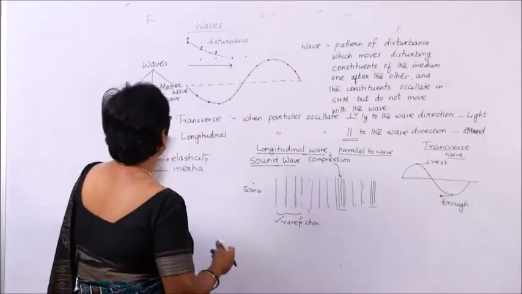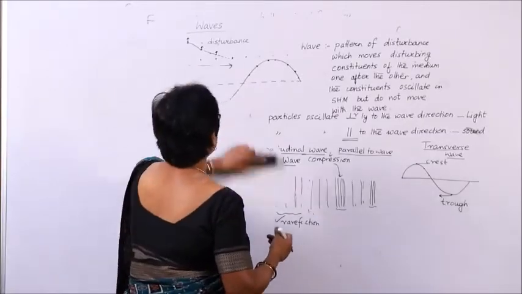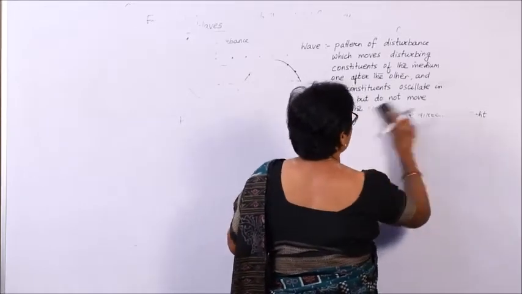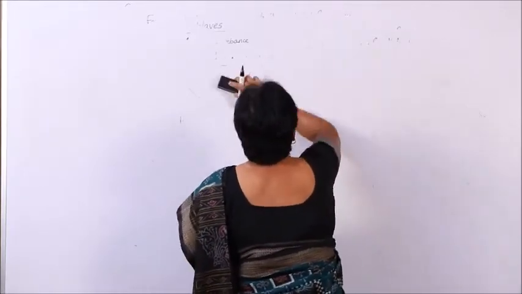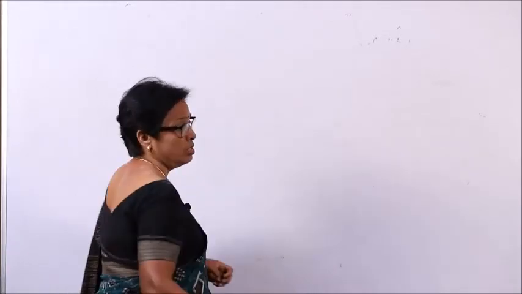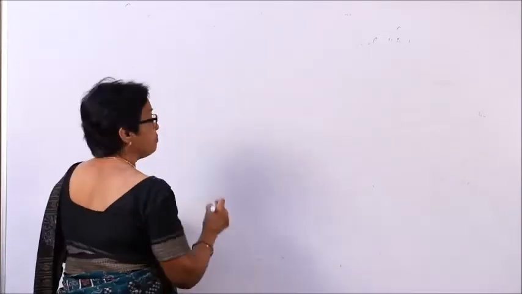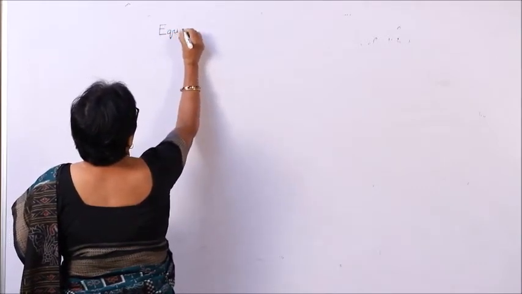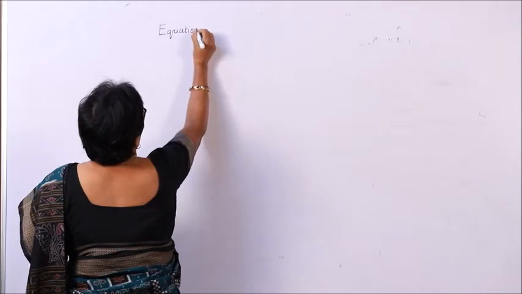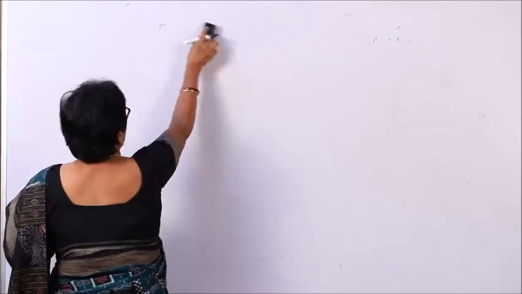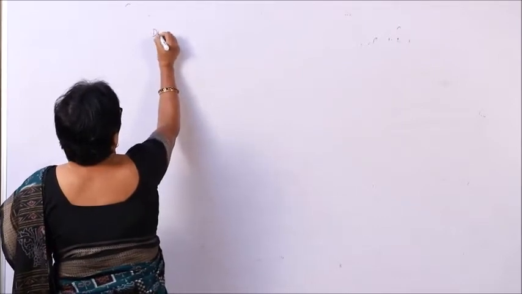So this is what a longitudinal wave and a transverse wave are, and how the longitudinal wave consists of compression and rarefaction, for example a sound wave, and how it moves, the equation of wave. Now we want a solution for the displacement relation.